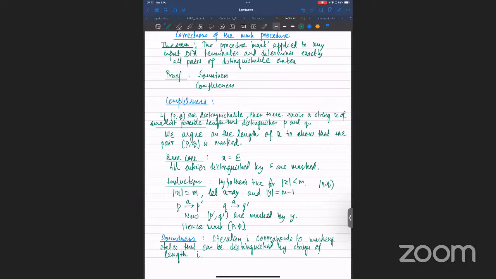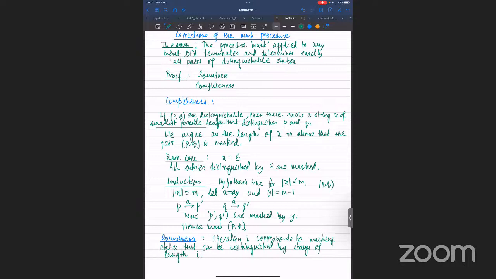Okay. And then we have to prove the soundness also. So what is the idea of soundness again? That if you are marking a pair of states p comma q, then they are indeed distinguishable. If the mark procedure marks a pair of states p comma q, then they are indeed distinguishable. So the idea is that we can think of the initial iteration.